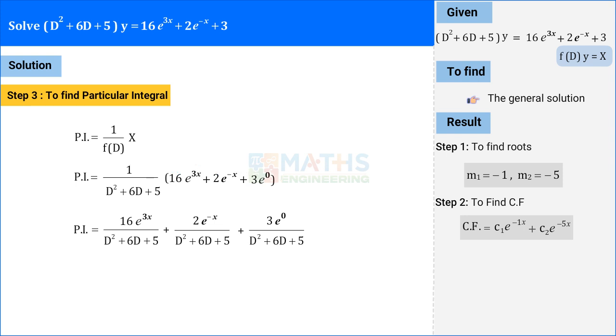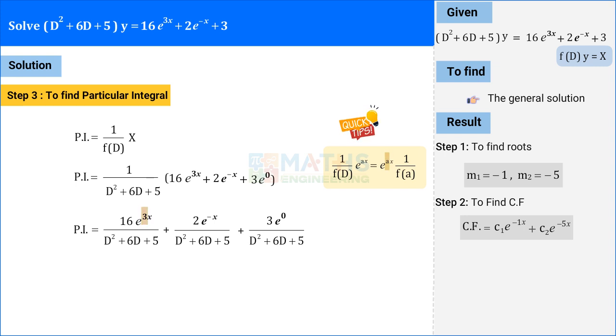Now we are going to use the rule of e power ax. That is, if we have 1 divided by f of D into e power ax, that can be written as e power ax divided by f of a. F of D can be replaced by f of a. That is, we are replacing D is equal to a. What is a here? The coefficient of x in the exponential term.